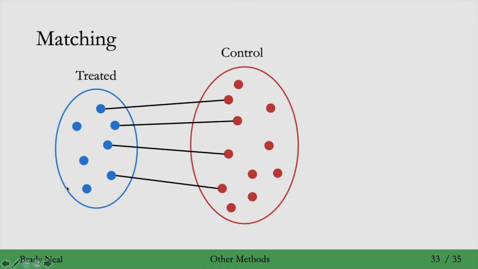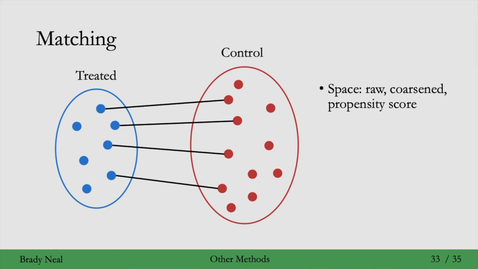And then these three treated individuals don't get matched to anyone. The same goes for the control group, where there are many more individuals who are not matched. The individuals that are not matched are just thrown out of the analysis, and we only consider the ones that are matched. This is because we need to find a close enough match in order to say that we've adjusted properly. So if we can't find a close match, then we just have to throw it out.